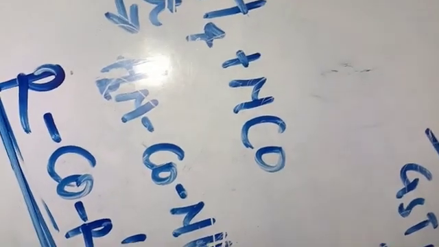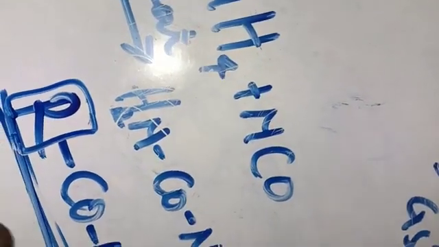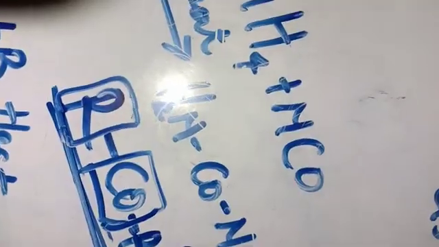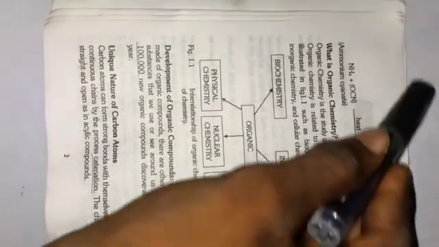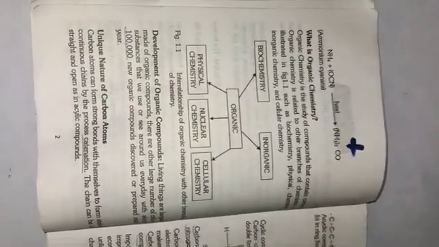Your R here is just a representation of an alkyl group, and this is a functional group. When we get there, I'm going to explain homologous series. So this is ammonium cyanate itself. All right, so you can write this, like I said, as the other part I just finished.